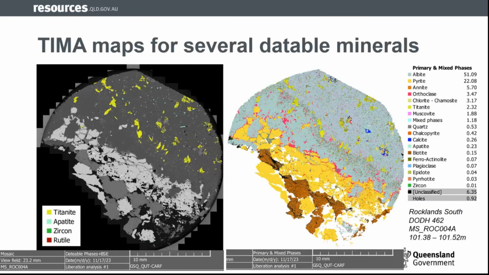Mainly because Rocklands provides us with a paradise for geochronology. So here we have a map where we show the range of minerals we can use for uranium-lead dating. We have apatites, these bright yellow crystals. These are titanites, we have zircons, and we have rutiles.